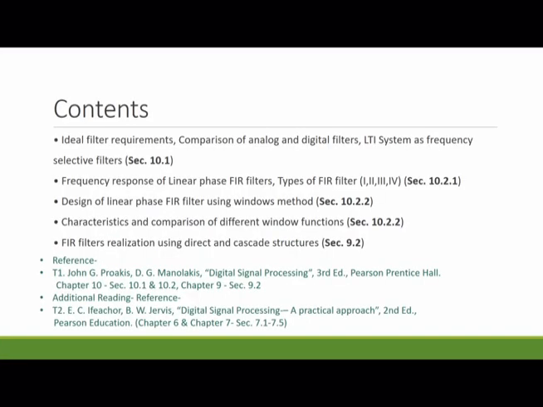Following are the contents to be covered in this unit of FIR filter design. To start with, a comparison between analog and digital filters, ideal filter requirements, LTI system as a frequency selective filter, then the frequency response of linear phase FIR filters and types of FIR filters: type 1, 2, 3, 4.